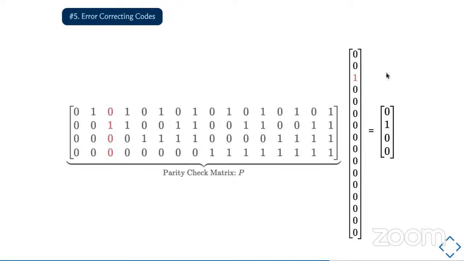But whatever column it pulls out, notice that all the columns of the parity check matrix are not only distinct, but they actually read off the locations in binary, which is not surprising because that's how we set our parity bits to begin with, right? So we go 0, 1, 0, 1, 0, 1 on the first row, 0, 0, 1, 1, 0, 0, 1, 1 on the second row.